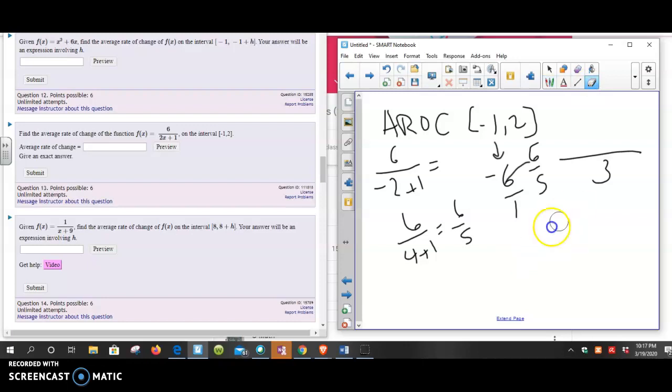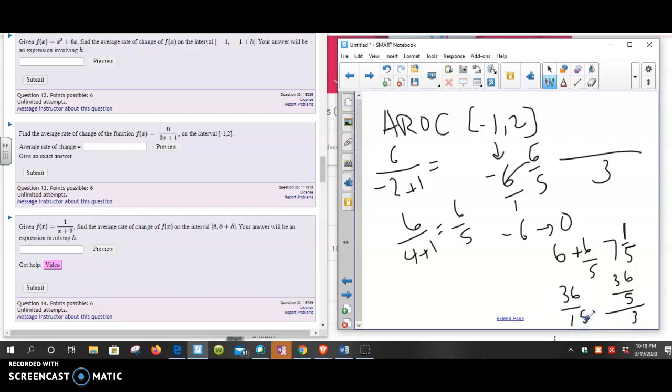So -6 to 0 is 6 units. And then you add 6/5, and that's going to be 7 1/5. But we have to convert that, so it's going to be 36/5 over 3. So that makes it 36 over 15.